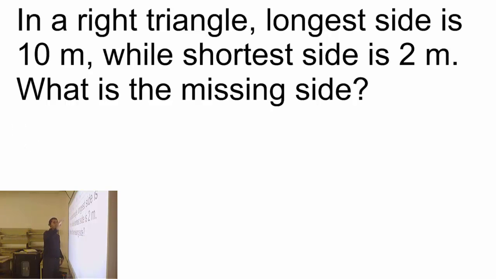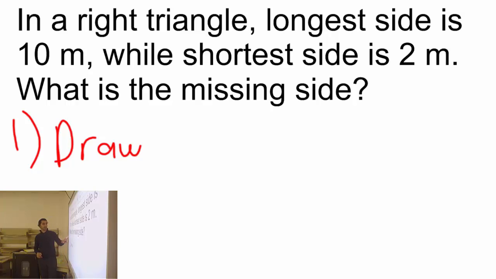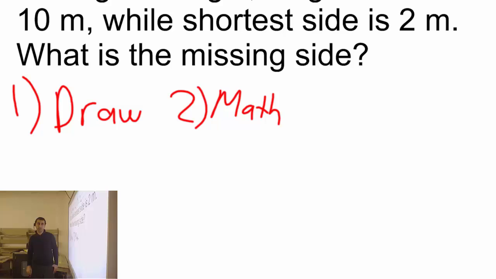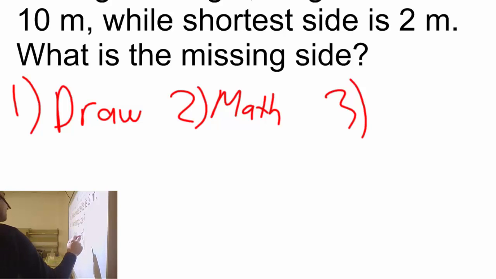let's use a different color. Number one, I need your perfect drawing. I want you to draw about the question. Number two, I need you to calculate it, do the math. Number three, this is a word question, so I need, Vincent?